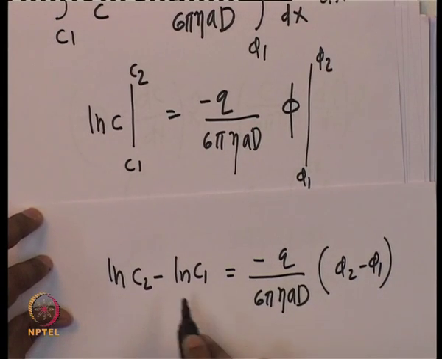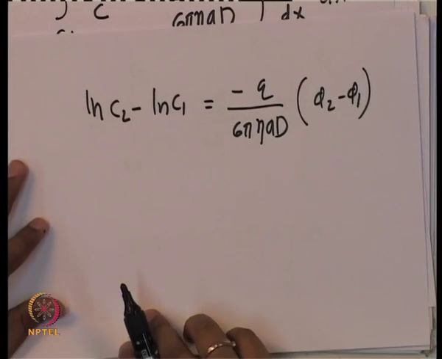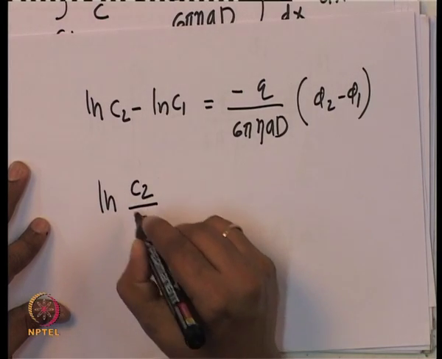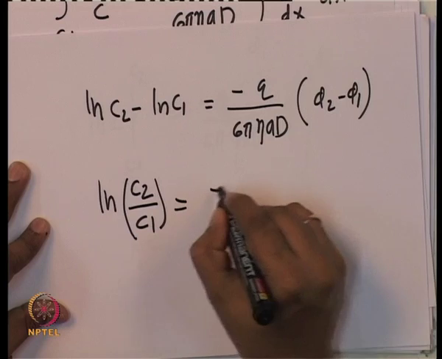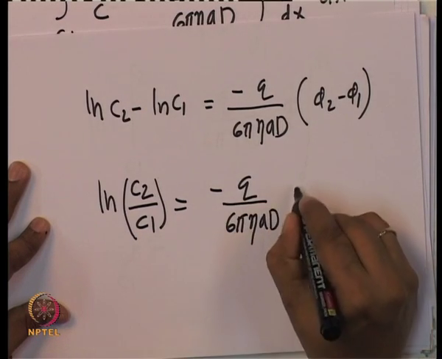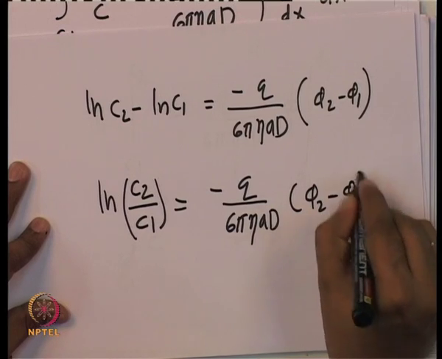So, log a minus log b is log of a by b. So, I can write log of c 2 by c 1 is equal to minus q by 6 pi eta a d into phi 2 minus phi 1.